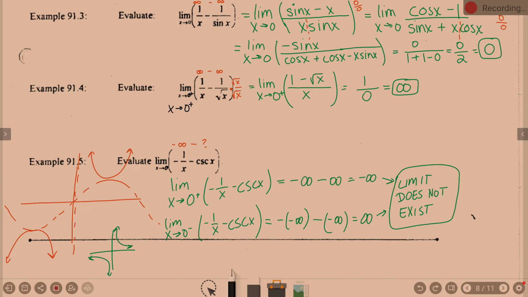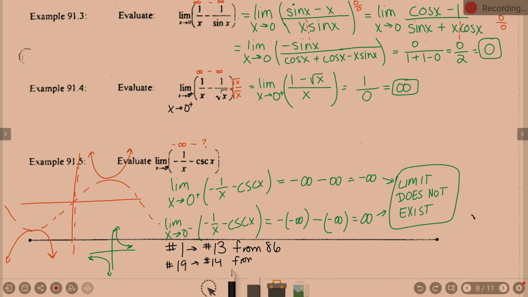Let me write this down. And let me check something. Okay, what do I have here? 1 becomes 13 from 86. And 19 becomes 14 from 86.